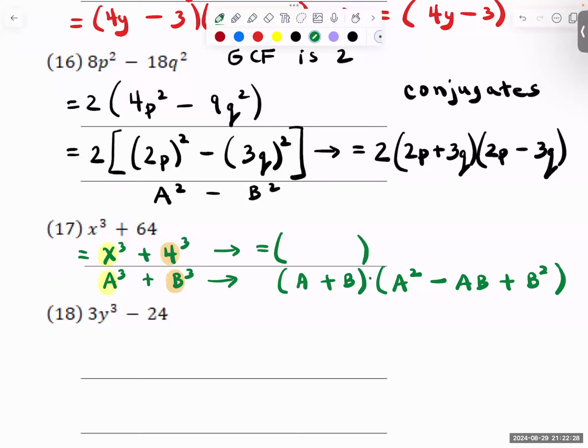So everywhere there's an a, we'll substitute x. Everywhere there's a b, substitute 4. So we have x plus 4. A squared will be x squared minus a is x and b is 4, so x times 4, which is the same as 4 times x. And b squared will be 4 squared, which is 16.